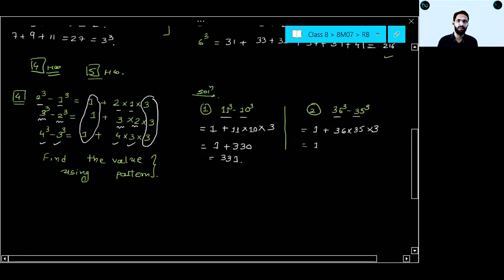1 plus, now 36 into 35 into 3. So if you multiply 35 into 3, it will be 105. Okay, 105 into 36, right?